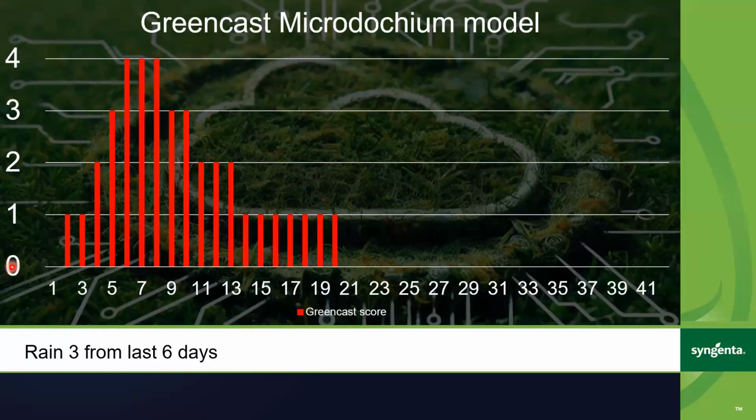So if we've got an average temperature today of 21 degrees, then the microdochium patch model would issue a score of 0. Equally, if you've got an average temperature of 7 degrees, then the model will issue a score of 4. And it really is as simple as that. There's no magic there.